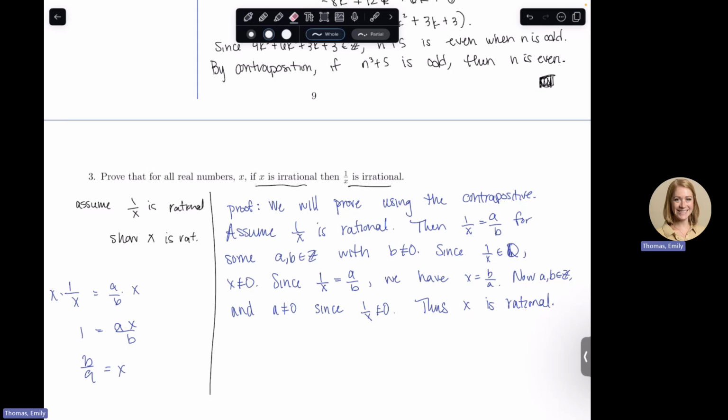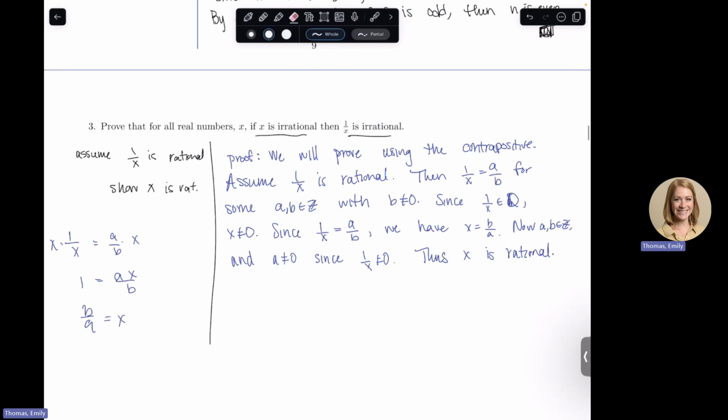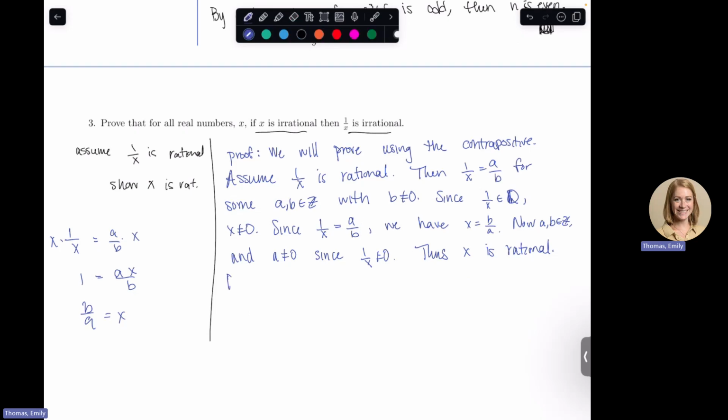There's no value for b or x that can make that work. Okay, so by contraposition, if x is irrational, then 1 over x is irrational.